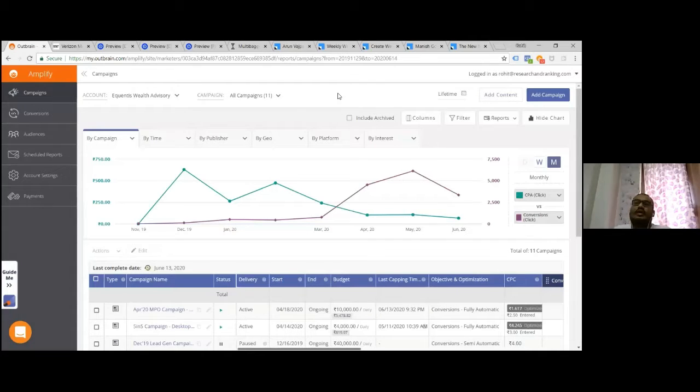So you have financial services, within that banks, insurance, mutual funds, equity products, education, etc. These are all businesses which are not purely e-commerce, right? To complete a sale, there is a huge offline element to it.